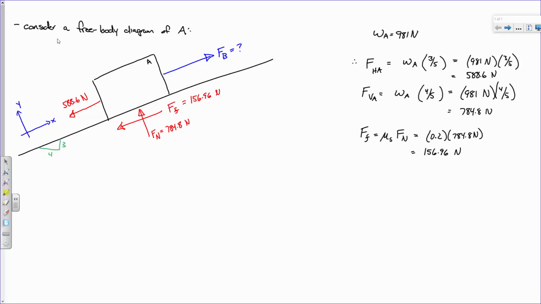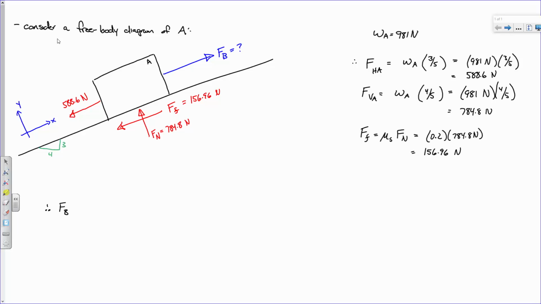how do we determine what FB is? Just looking at this free body diagram, what would FB be? Sum of forces in the x direction, right? So summing forces in the x direction, I've got 588.6 wanting to push the block down the hill, the weight of the block, and then I've got the friction force acting against the way I'm yanking it.